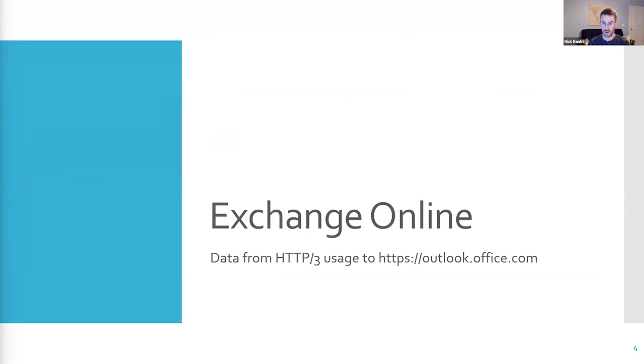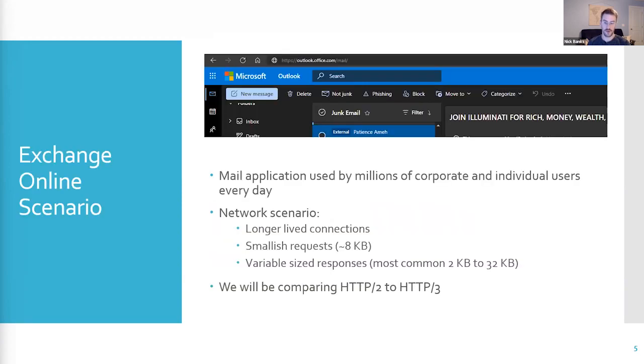Right now, we're going to look at Microsoft's biggest QUIC deployment, Exchange Online, and its HTTP3 usage. Just to make sure everyone's on the same page, Exchange Online is the server side of the Outlook email app that's accessible from many different desktop, browser, and mobile clients.